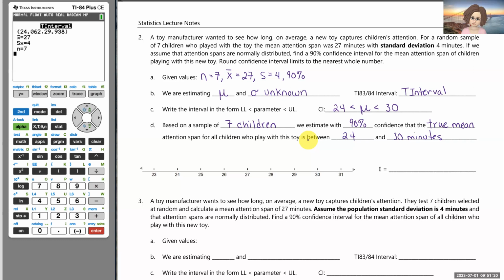All right, so I'm going to graph that. So 24, my lower limit, 30, my upper limit. And I'm going to include my point estimate. So the sample mean would be in the center of that interval. So always just a reminder, vocabulary, that is our point estimate for mu.